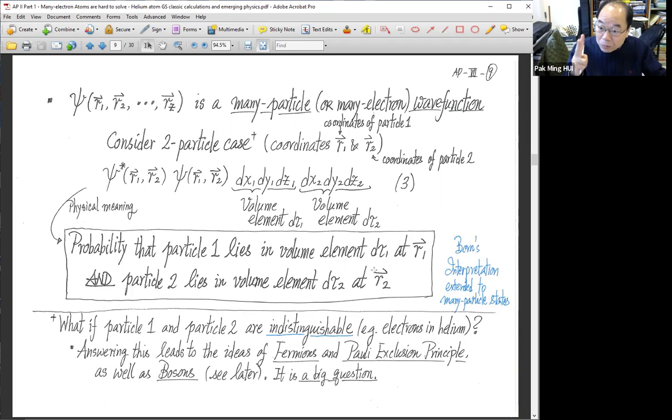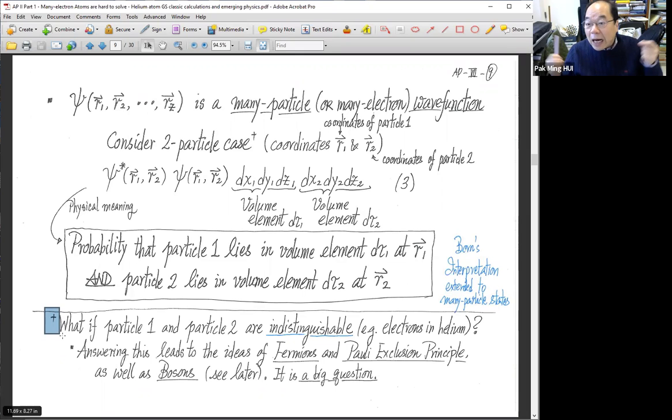But when you have 2 particles, there is one big question left. We will have more discussion on that later, but I would like to bring this out at this point. If particle number 1 and particle number 2 are indistinguishable, indistinguishable is called 不可分辨的. It is, I think, more stringent than identical.